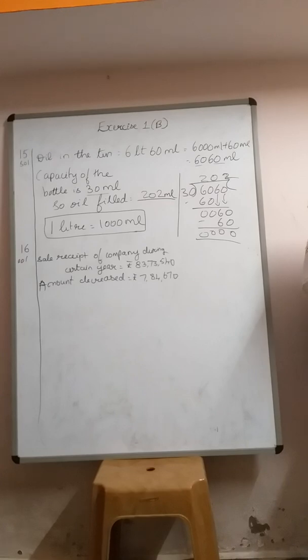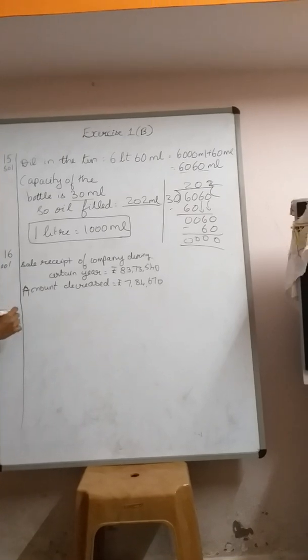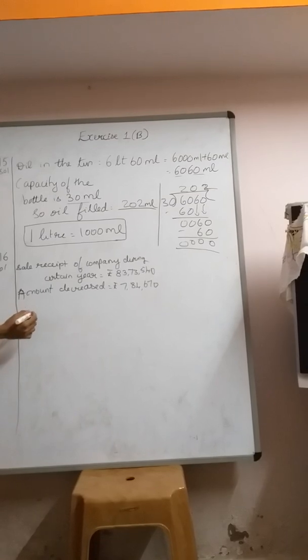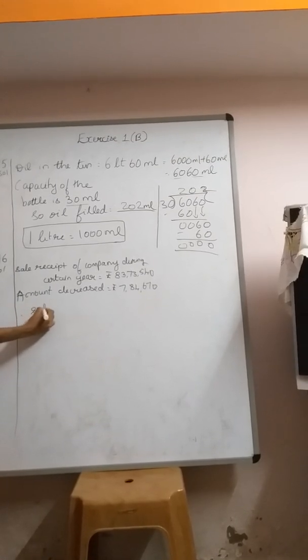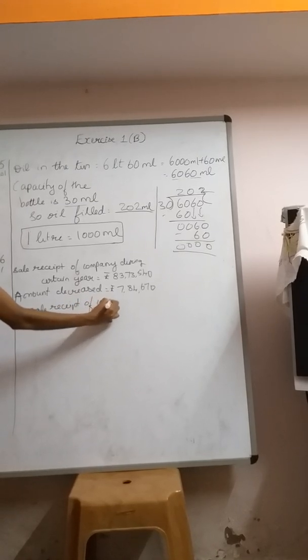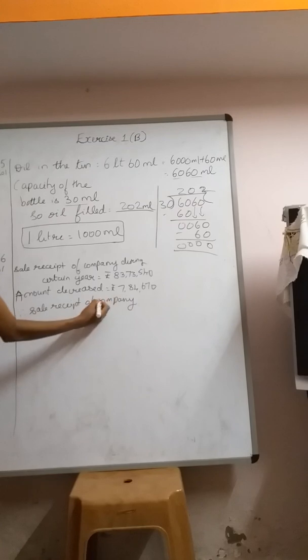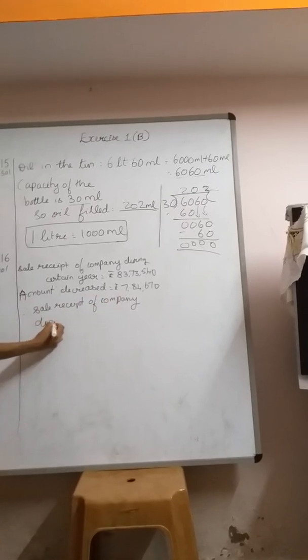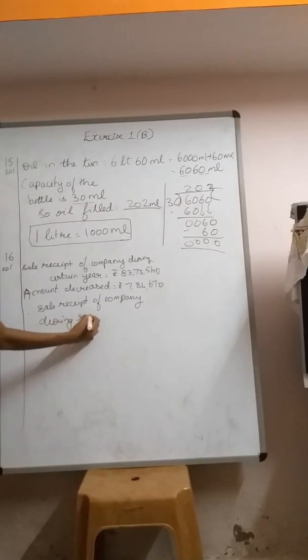Now, therefore, what we should find? Sale receipt of the company during these 2 years. Fine. And sale receipt of the company during the second year. Okay. In the second year, let us find. Sale receipt of company during second year.